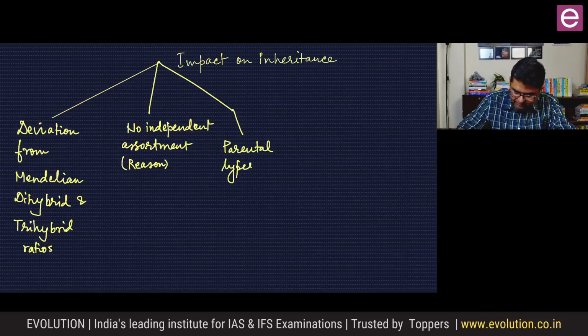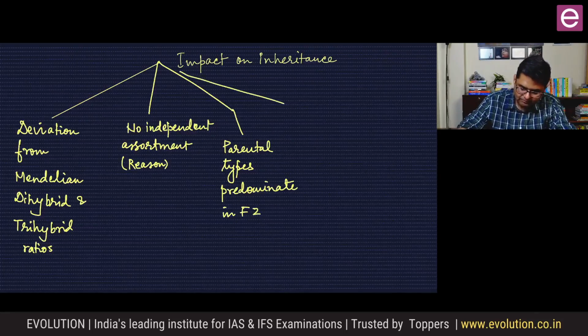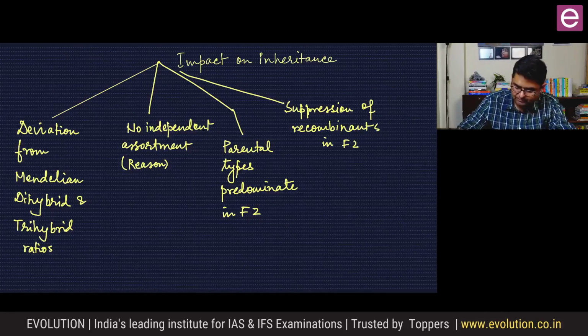Then parental types predominate in F2. Then suppression of recombinants in F2.